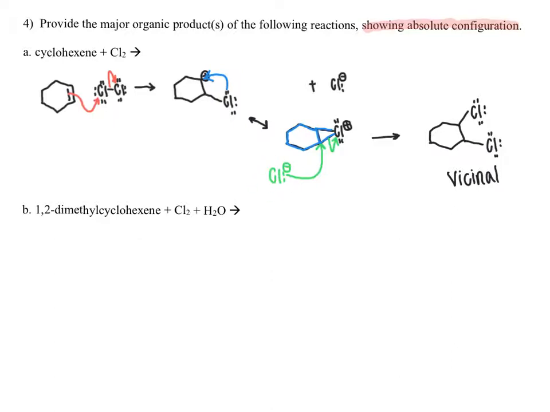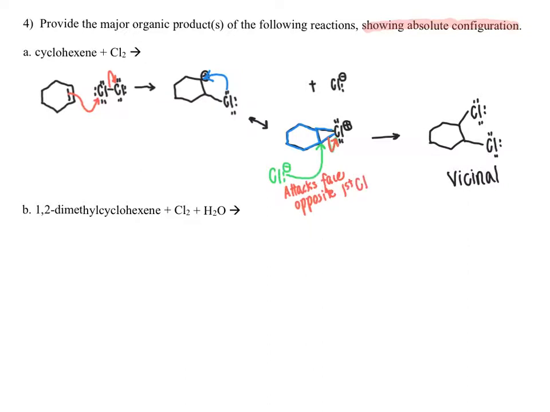What is going to have to happen here in order for the reaction to not face a huge amount of steric hindrance is that this chloride anion has to attack the face opposite where the first chlorine atom is and where that bond is breaking away. So the second chlorine is going to attack the face opposite the first chlorine.